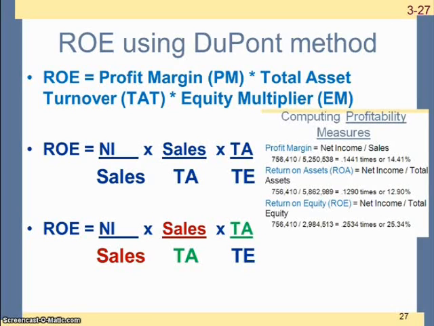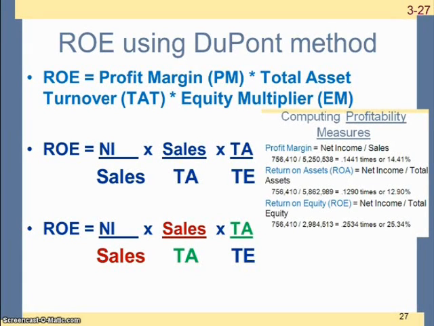Let's look at the next formula. If ROE equals PM times TAT times EM, then ROE equals net income divided by sales. What is this? This is the formula of profit margin.